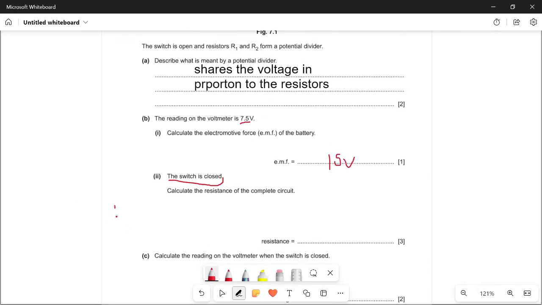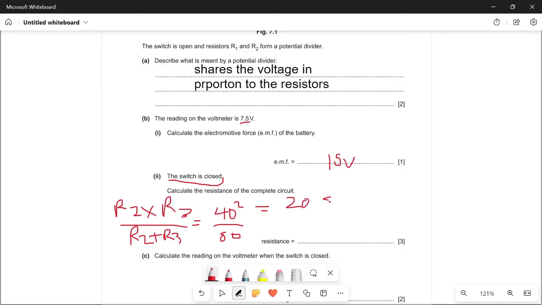So when they are in parallel, we do R2 times R3 over R2 plus R3. Since they're both 40 ohms, we can do 40 ohms squared over 80 ohms, which is their sum. So 40 squared divided by 80 gives 20. So we have 20 ohms.